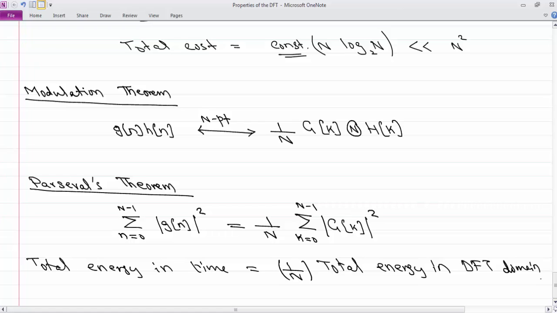Now this Parseval's theorem pretty much holds, with similar variants, for any orthogonal transform. In particular, I talked about it during the definition of DFT that some books like to have, instead of the DFT formula where the forward equation has no 1 over n factor, some books replace that with 1 over square root of n, and in the inverse formula they replace 1 over n with 1 over square root of n also.